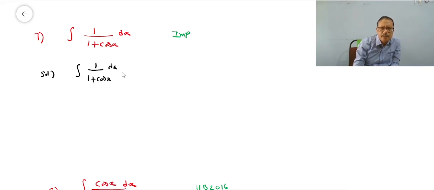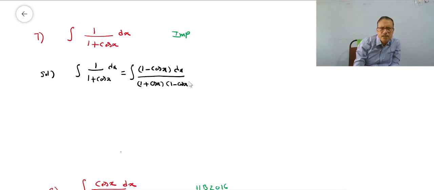Now I am going to multiply numerator and denominator by 1 minus cos x. So 1 minus cos x dx by 1 plus cos x into 1 minus cos x.